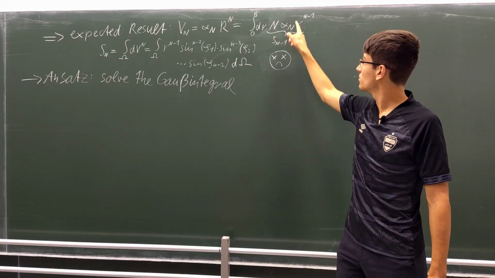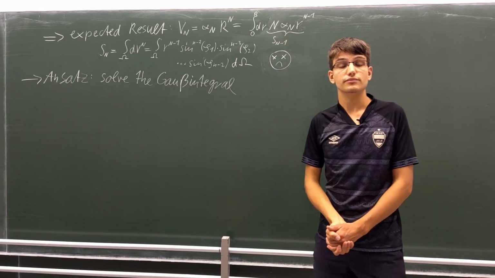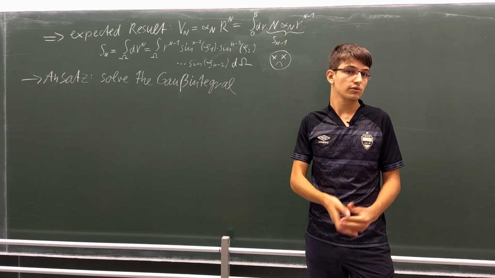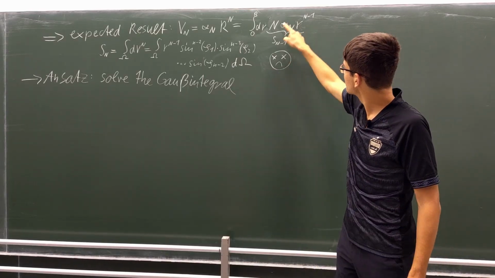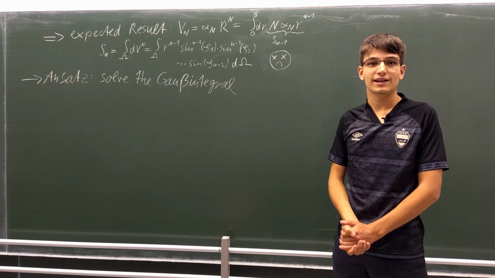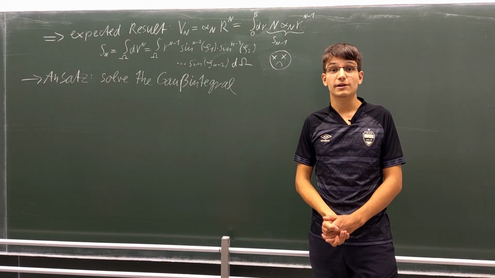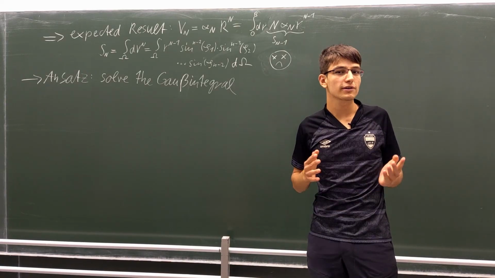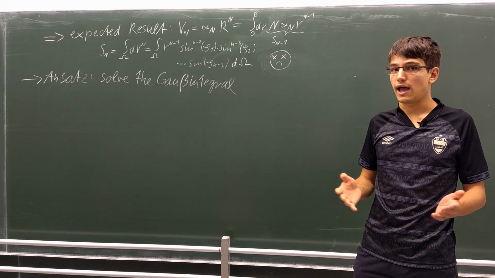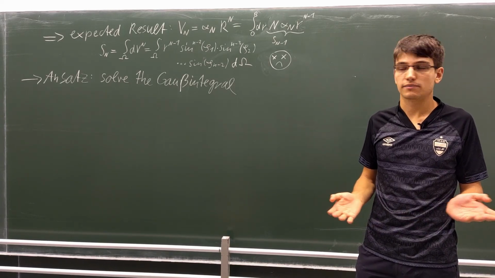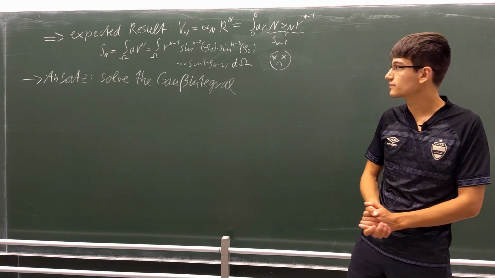If we compare this integral to our previous integral in 3 dimensions and 2 dimensions, we know that this part has to be the n minus 1 dimensional surface. So if we want to know the volume, we just have to know the n dimensional surface. We have to find the general formula.